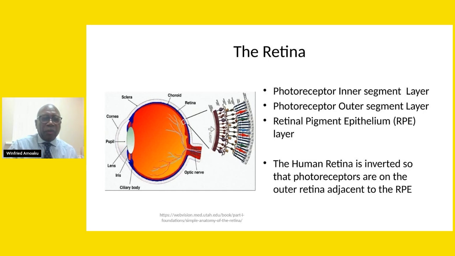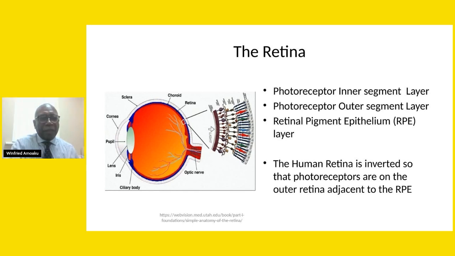Just to put things into context, the eye, as it exists, makes images of objects that we would like to see, and these images are transmitted through the optic nerve to the brain.